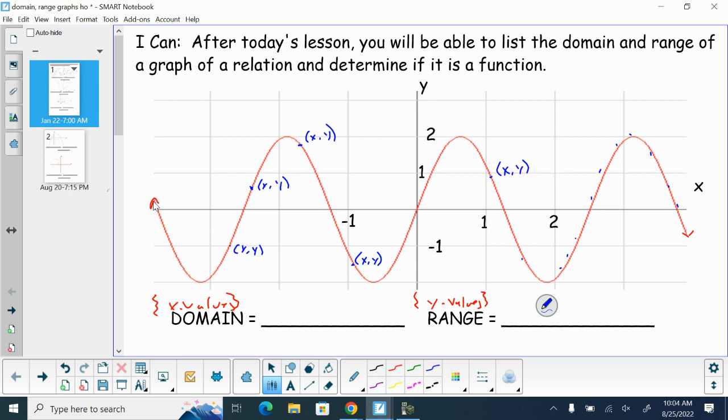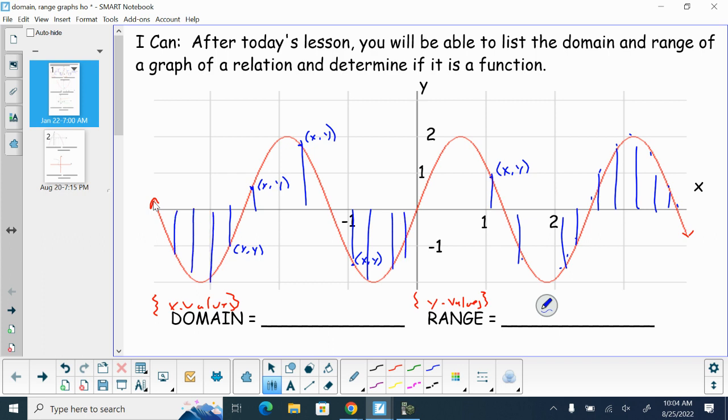Here we have an x value, this x value, this x value, and all these x values that we use along this number line here, and it continues on to the left and to the right.